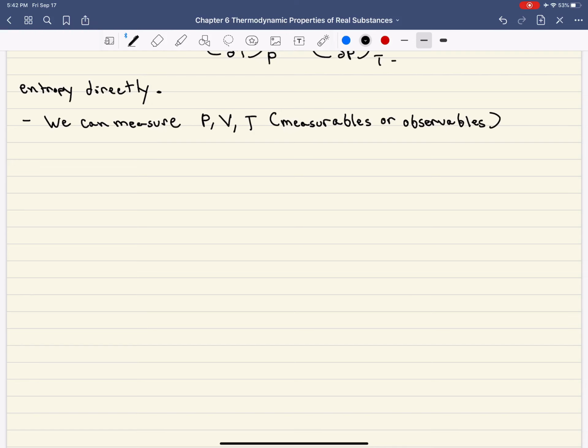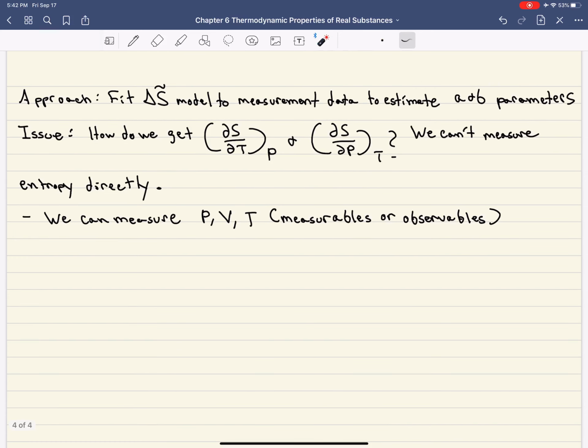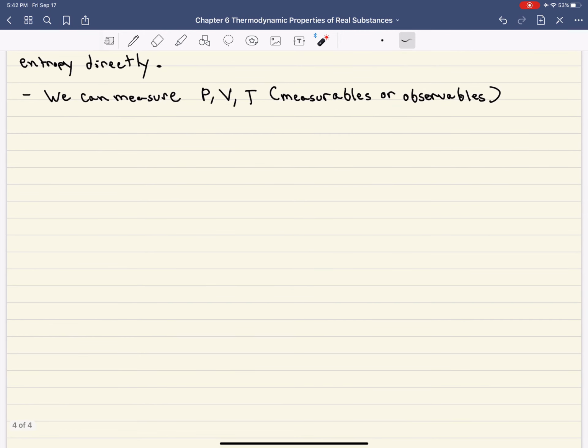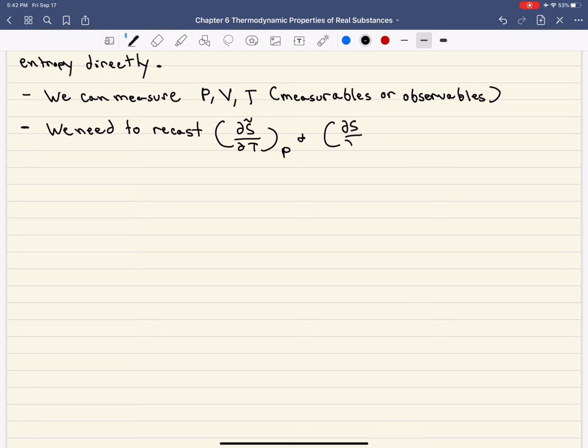All right? And so, to overcome this issue, where we need to find some way to actually measure dS/dT and dS/dP, right? What we need to do, or the solution to this, is we need to rewrite or recast dS/dT and dS/dP only in terms of stuff we can measure.